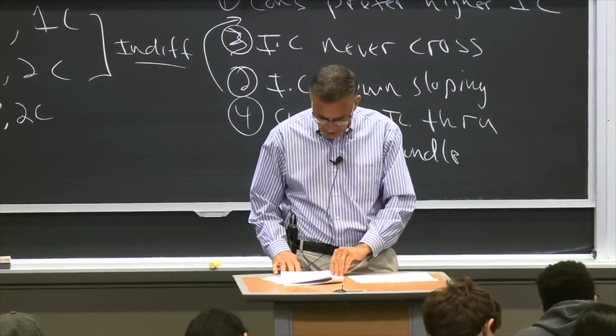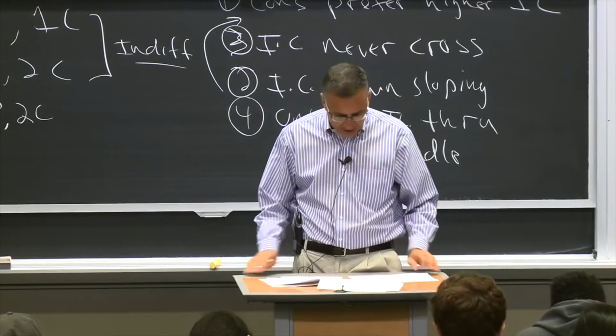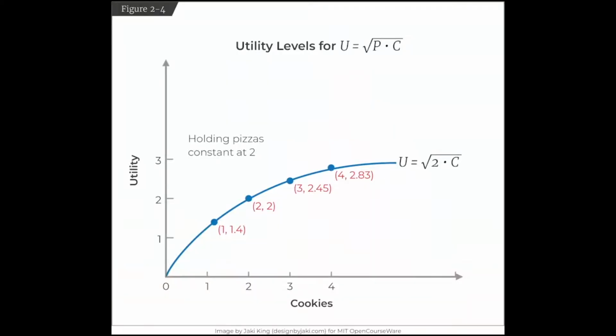The more of a good you've had, the less happiness you'll derive from the next unit. Now we can see that graphically in figure 2.4. Figure 2.4 graphs on the x-axis the number of cookies holding constant pizza. So let's say you're having 2 pizza slices, and you want to say, what's my benefit from the next cookie? And on the left axis, violating what I just said like 15 seconds ago, we graph utility.